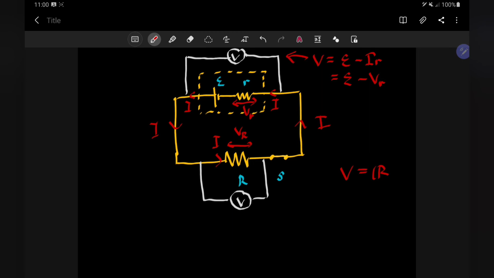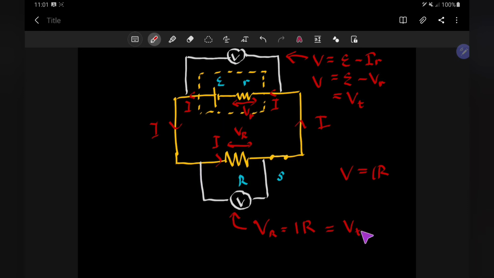How about the second voltmeter? The reading shown by the second voltmeter is V capital R, so V equals IR. This is the terminal voltage. So this V represents the terminal voltage, V terminal.